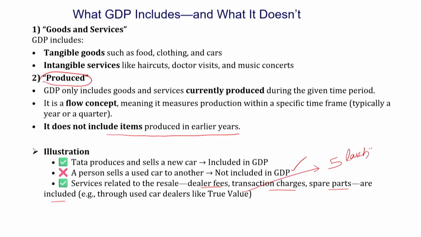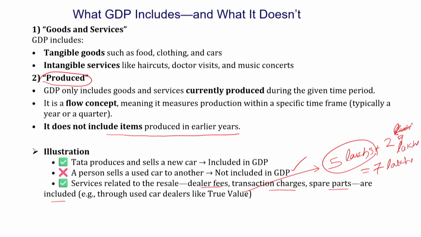They bought this one, and when they are selling it, for example, they are selling it for 7 lakhs. Then you can see that the 5 lakhs is the price of the old car.